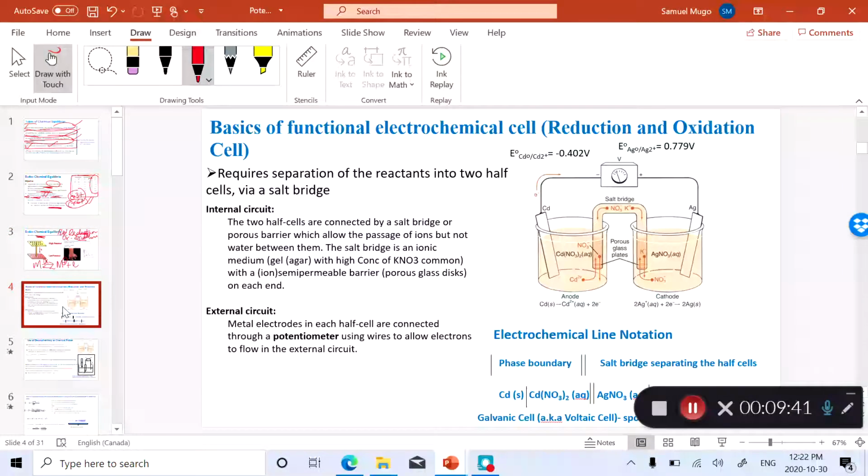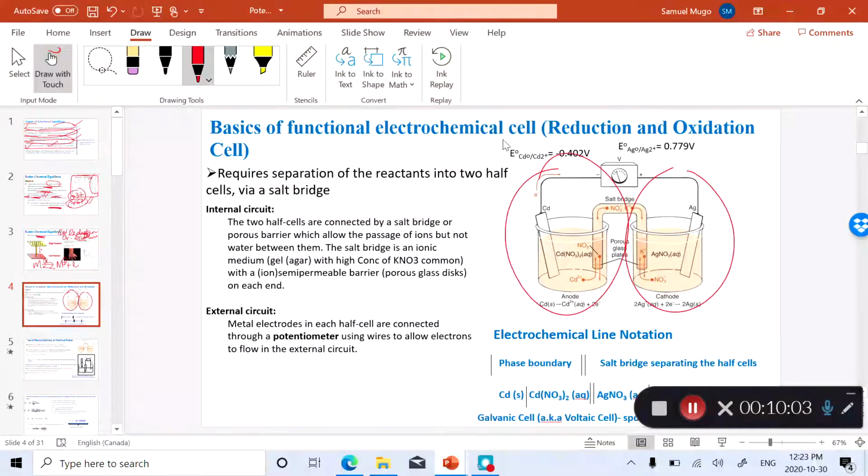So the basic function of redox equilibria is an electrochemical cell. And so I'd like you guys to be reminded of how an electrochemical cell works. I think all of us know an electrochemical cell typically comprises two half cells. The two half cells are conjoined, in the outer circuit, by wires, of course, a conductive wire.